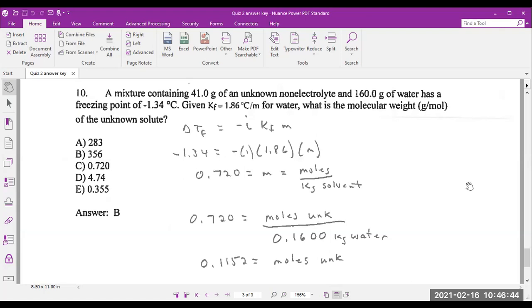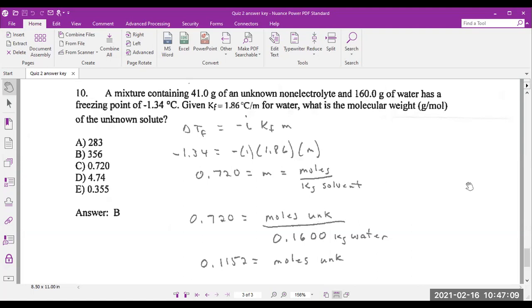Molality is moles per kilogram of solvent. So if we rewrite that, we have our 0.720, which we just calculated, equal to moles of the unknown divided by the kilograms of the solvent. And 160 grams of water is equal to 0.160 kilograms of water.